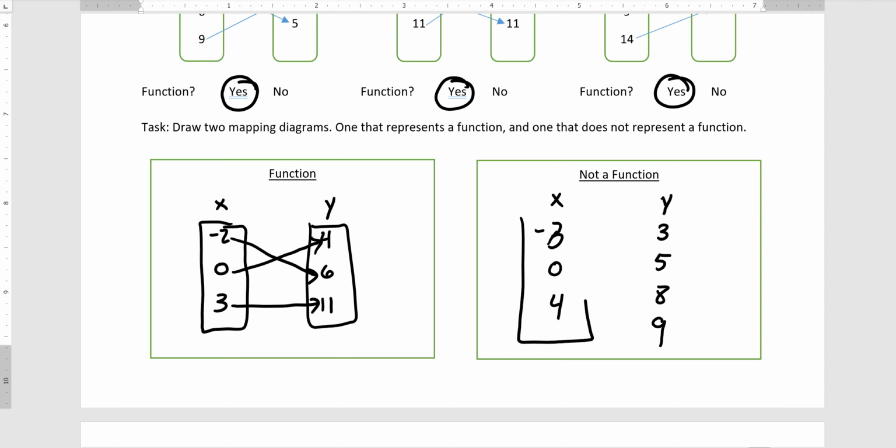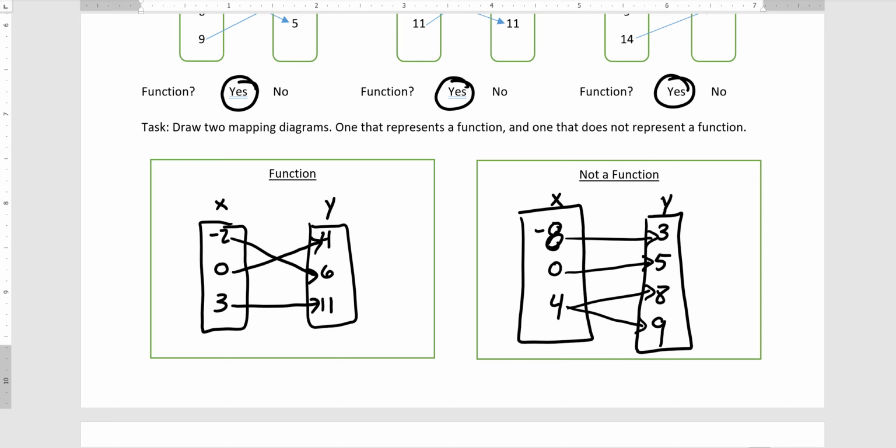Let's make this -8 because I can't even understand what that says. All right, so let's say -8 goes to 3, that's great. 0 goes to 5, but 4 goes to 8 and 9. So this would not be a function, because that 4 has one input creating multiple outputs.